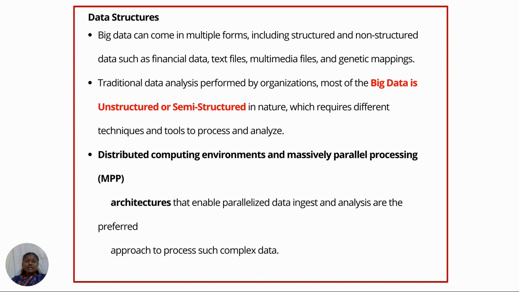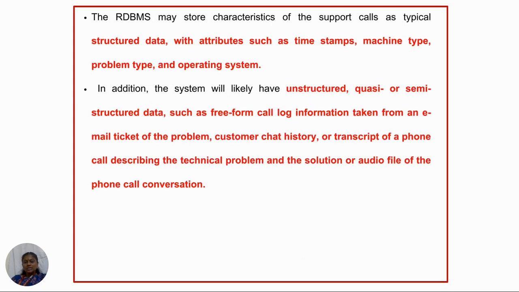We can say the data is divided into four types: structured data, semi-structured data, quasi-structured data, and unstructured data. We have different sets of structures available. Why? Because it is in order to process complex data.